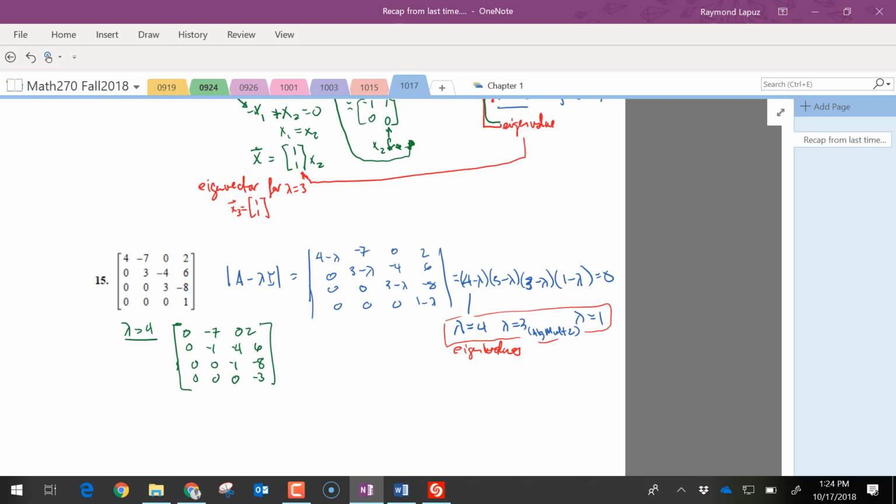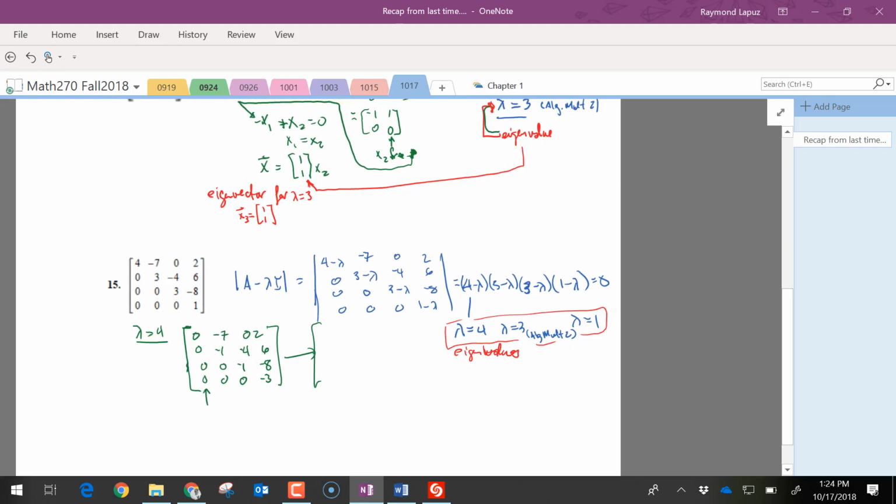I think it's going to be 1, 0, 0, 0. This looks like it's going to be free regardless, so let's just work with the last 3 columns. I feel like I probably want to switch the first 2.